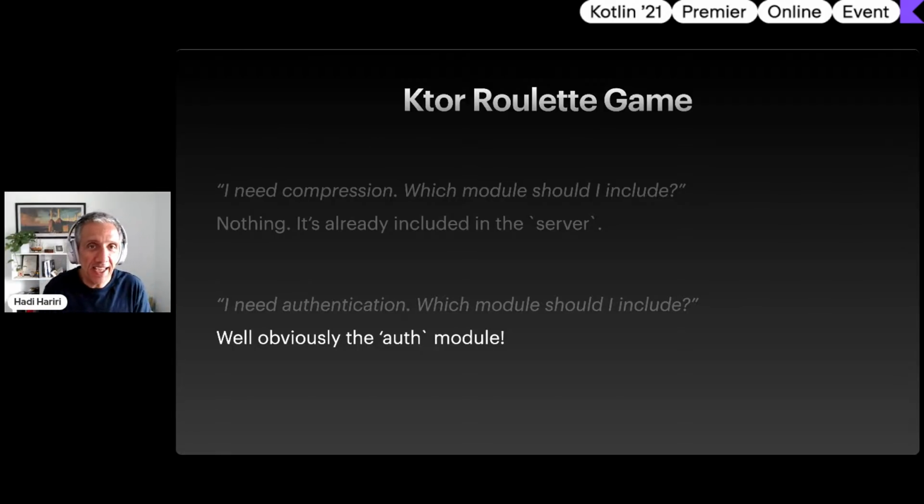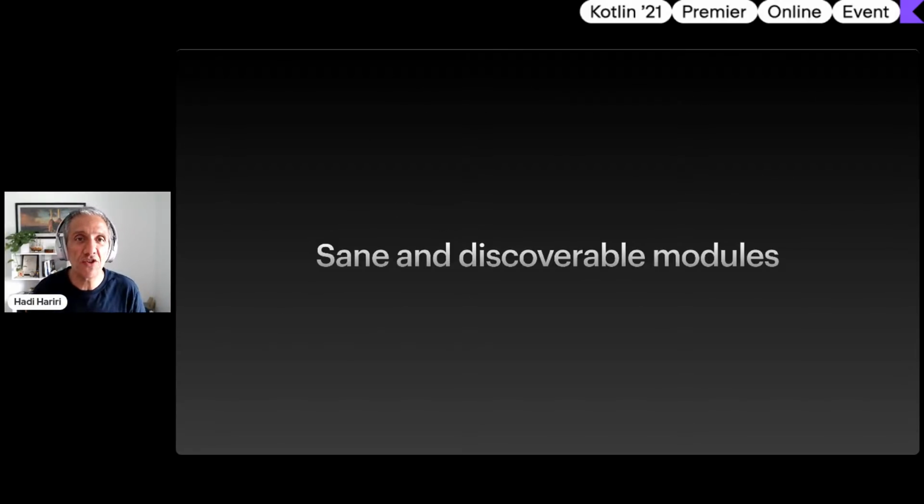That's the problem. Again, much like you saw with the package names, the modules aren't clear. Some of them were randomly included in the core server, others were not, and it makes discoverability very difficult. So we've tried to create sane and discoverable modules.